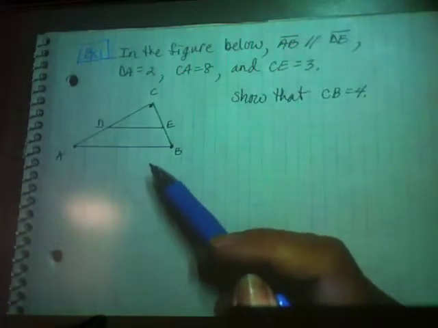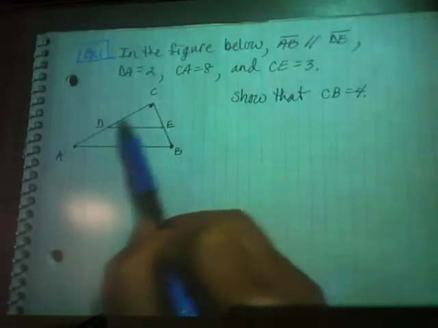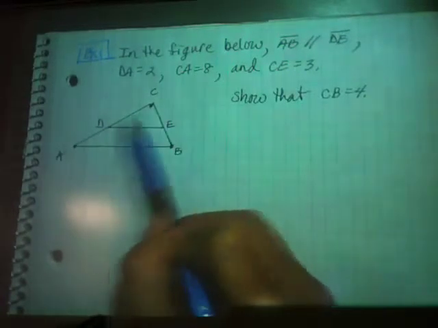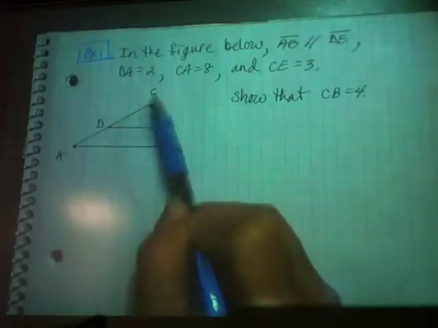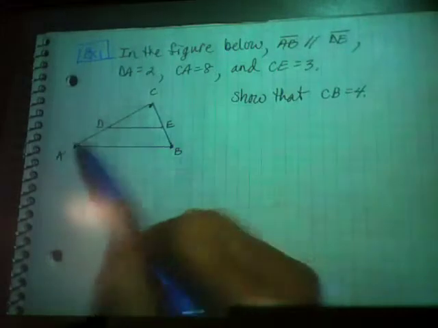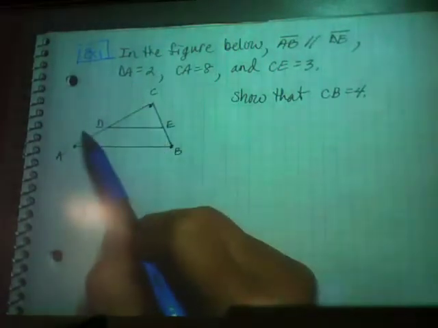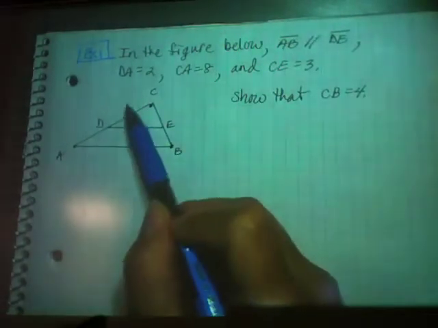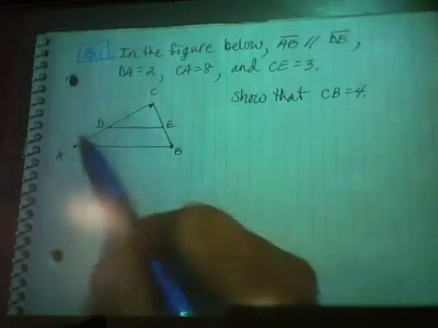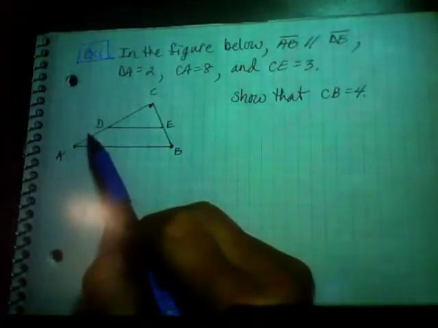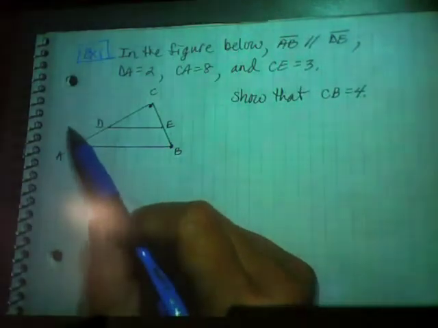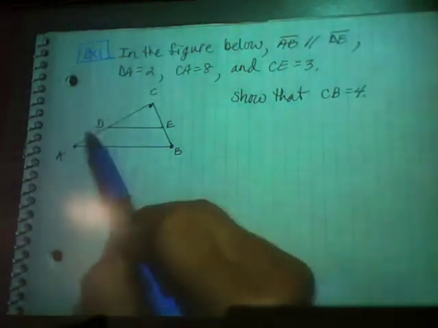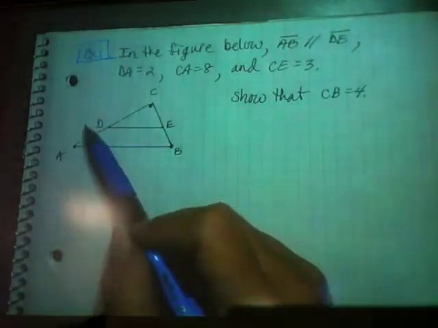When you look at proportional sides on overlapping triangles, this side right here on CD corresponds to what side on the big triangle? CA. So if I have just AD and I have just CD, I have to add those together to get that whole corresponding side. So for right now, until I tell you otherwise, you cannot set these proportional to each other yet. We'll talk about situations where you could.